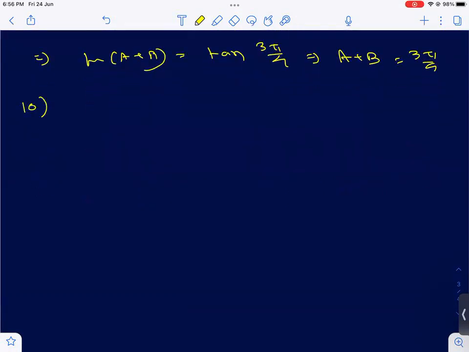So I'm going to the 10. A plus B equal to 225 degrees, and we have to get the value.